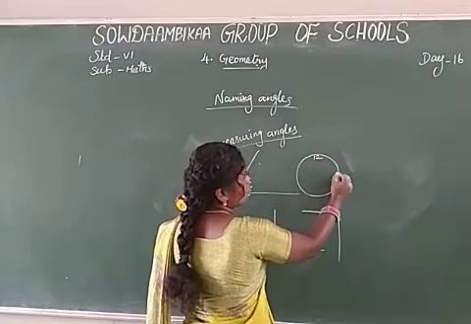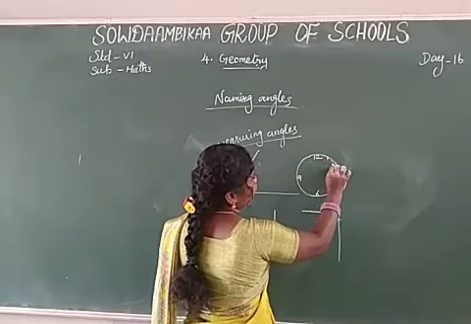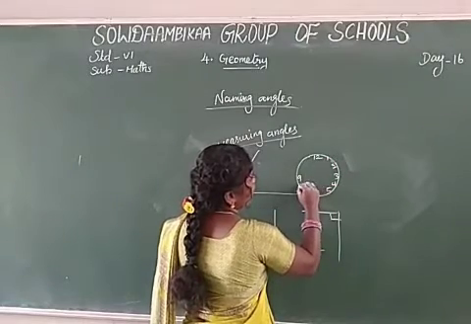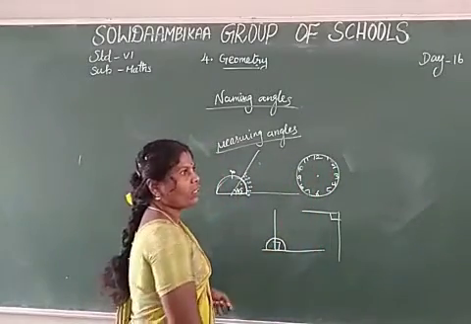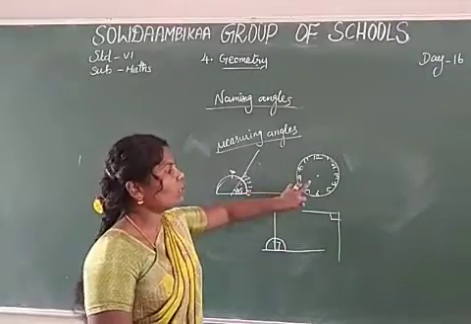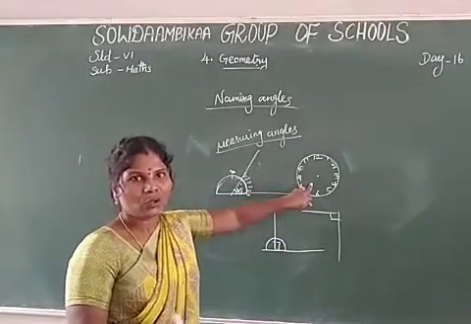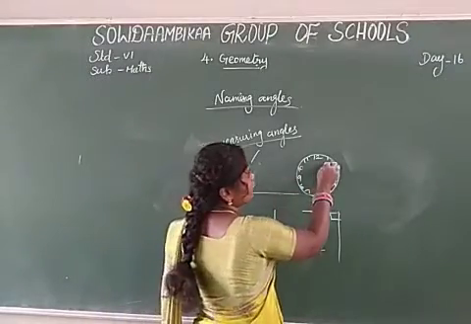Take your wall clock: 12, 3, 6, 9, 1, 2, 4, 5, 7, 8, 10, 11. In the fifth standard you studied the wall clock and acute, obtuse and right angles very well. Okay, now this is a recall.